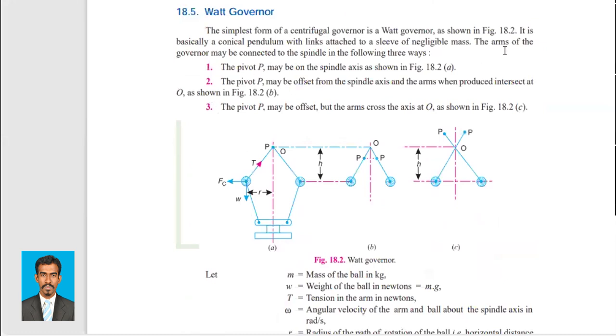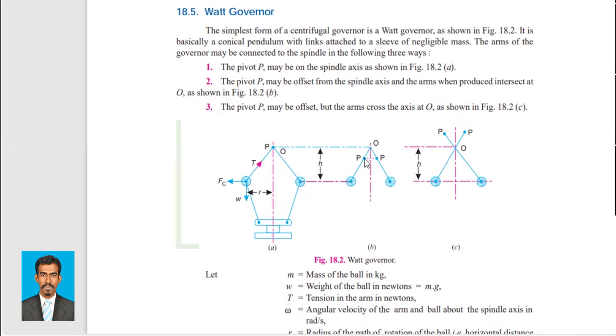So the arms of the governor may be connected in three ways. So this is the arm. This can be connected either like this, or like this, or like this. We'll see what is the difference between these three. The pivot P may be on the spindle axis as shown in this figure. The pivot P may be offset from the spindle axis, and the arms, when produced, intersect at O, as shown in this figure.